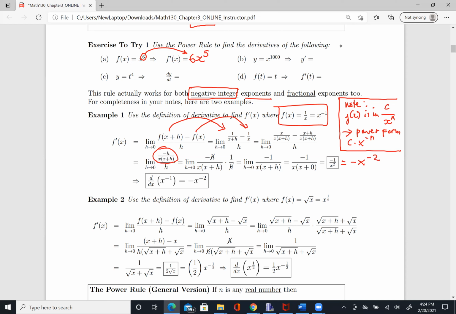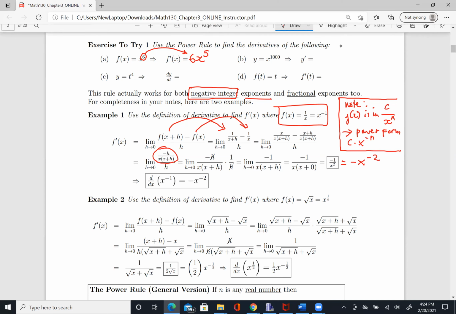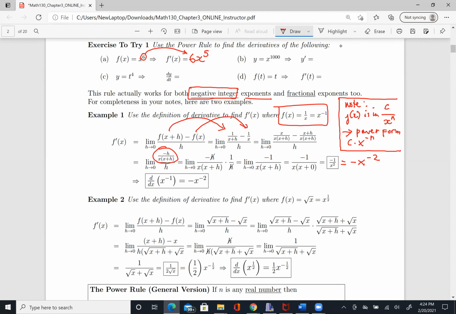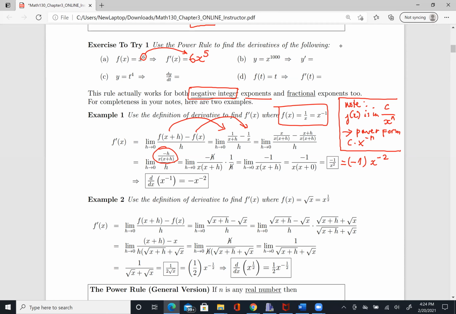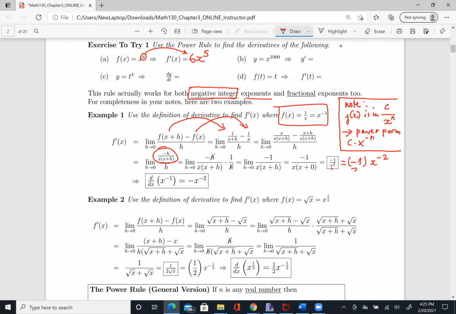Maybe I'm going to rewrite it like this so you can see -1 times x to the power -2. You may wonder why I can convert this to power form. Let me slow down one more step to make sure people understand.